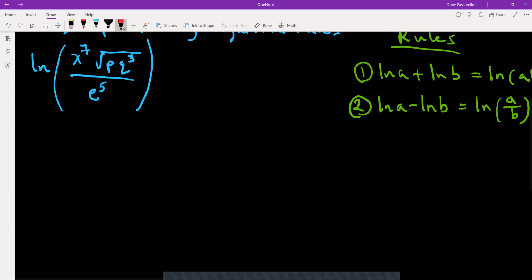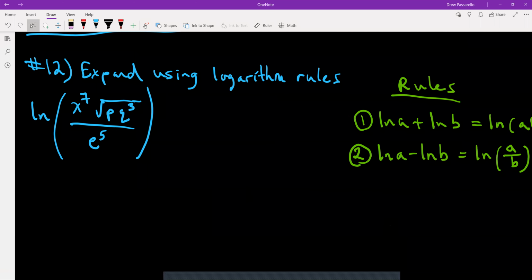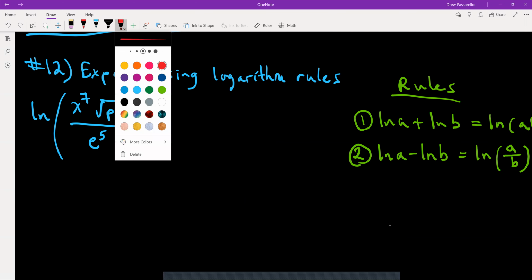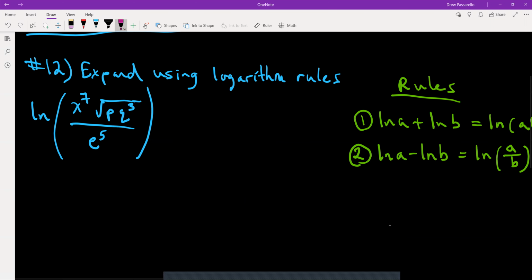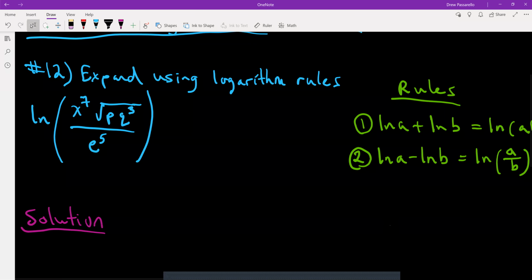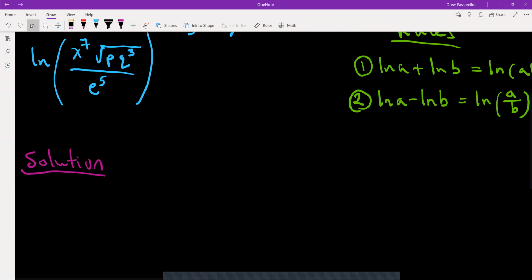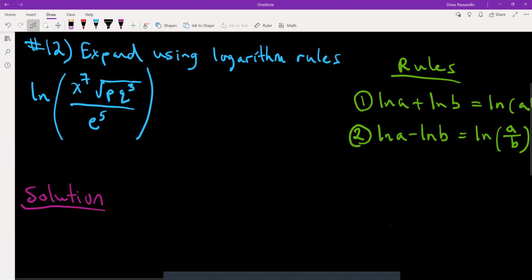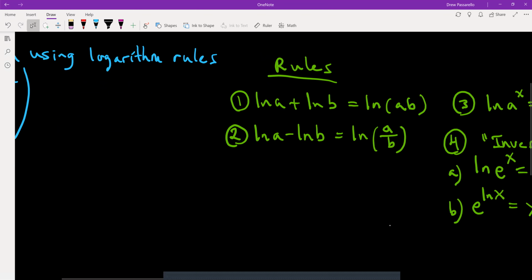All right, so let me do this problem now. So expand using the logarithm rules. So I'm going to say solution. Well, because there's a division, I'm going to first change this into 2 logarithms, where I'm going to be using this relationship.